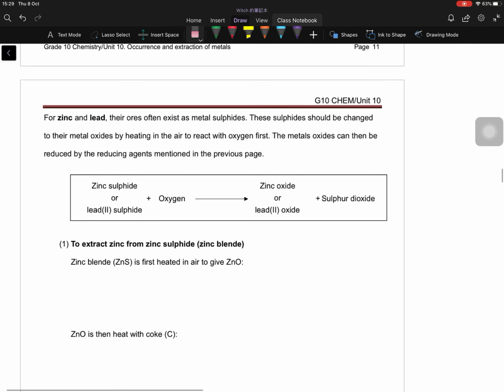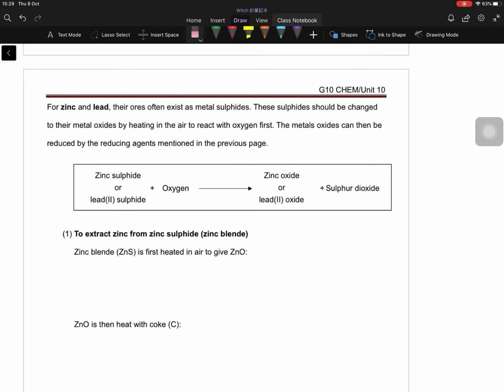Next, in our earth, lead and zinc often exist as metal sulfide. Here shows metal sulfide is S2-. Now if we want to extract metal from metal sulfide, 2 steps will be involved. The first step is that the sulfide should be changed to oxide while heating in the air.